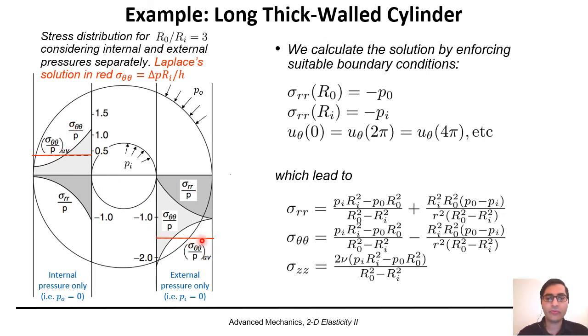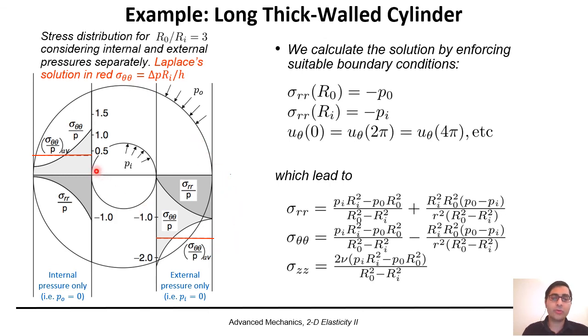Again, you see for the case that we have only external pressure, the mean value of circumferential stress, or the Laplace circumferential stress, is higher than for the case that we have only internal pressure. So basically, the circumferential stress is higher when we have higher external pressure.